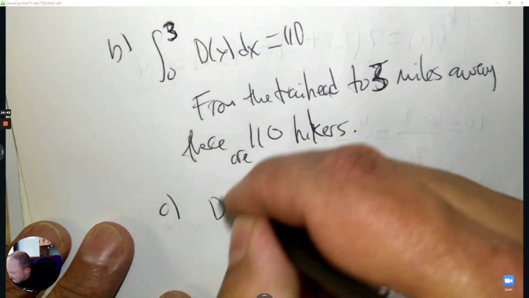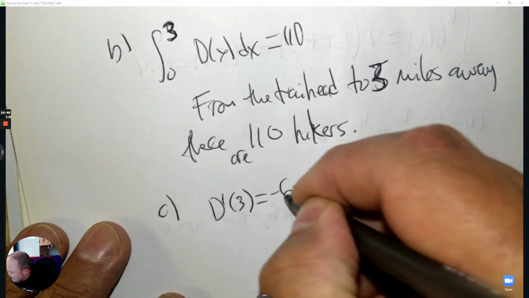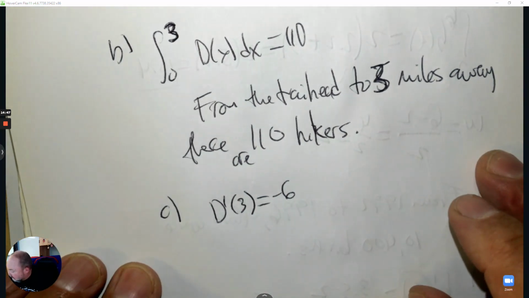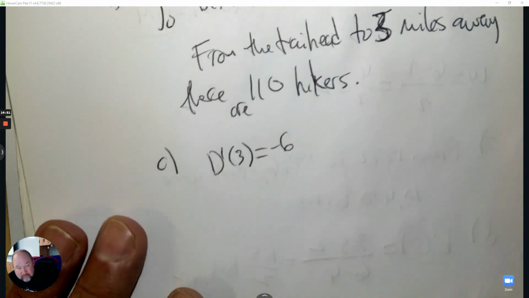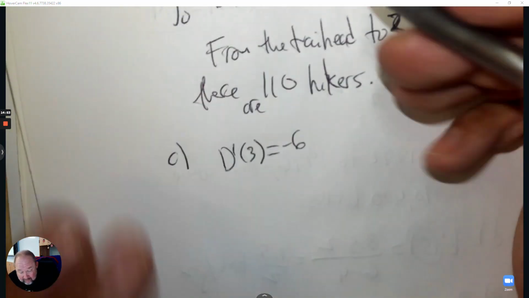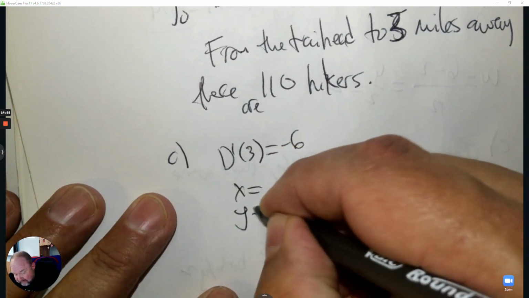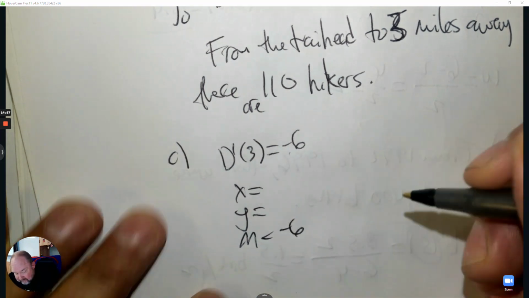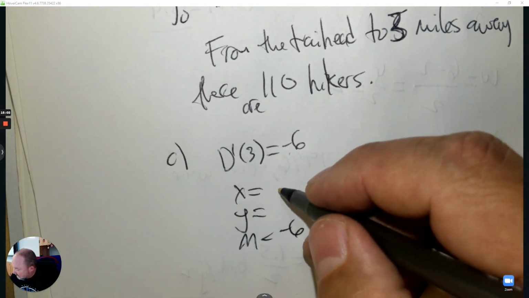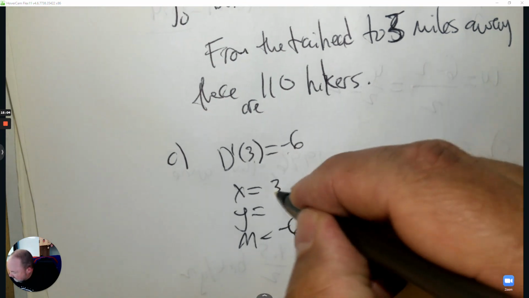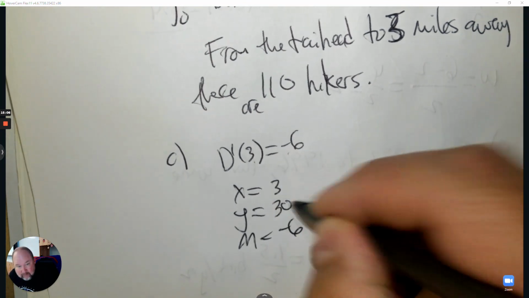The derivative is -6. Use local linearization to approximate the density of hikers at 3.1 miles. So we're going to make a line. So we need to know x, y, and the slope. Well, the slope is -6. And then at 3, we're given a point. So at 3, the point is 30 from the table.